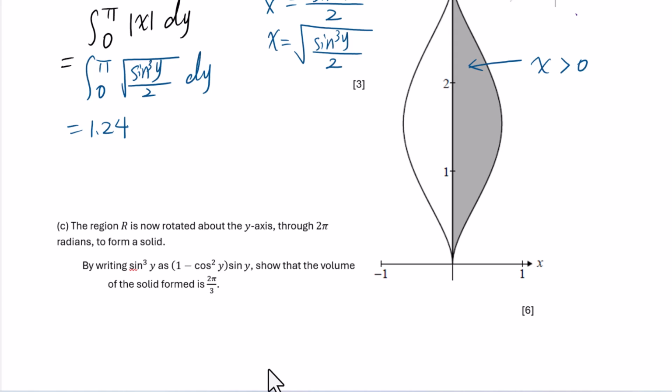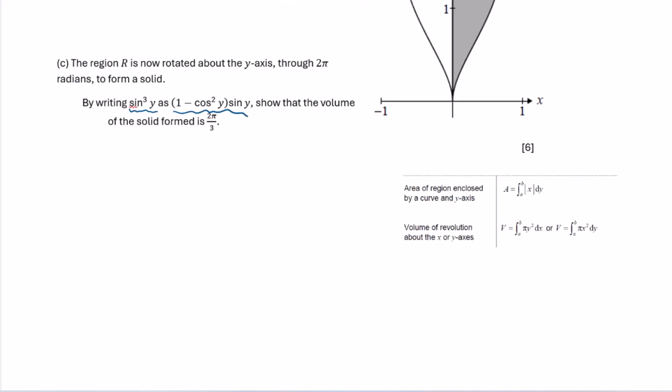The region R is now rotated about the y-axis through 2 pi radians to form a solid. Show that the volume of the solid formed is 2 pi over 3. We will use this formula: integral from 0 to pi of pi x squared dy.